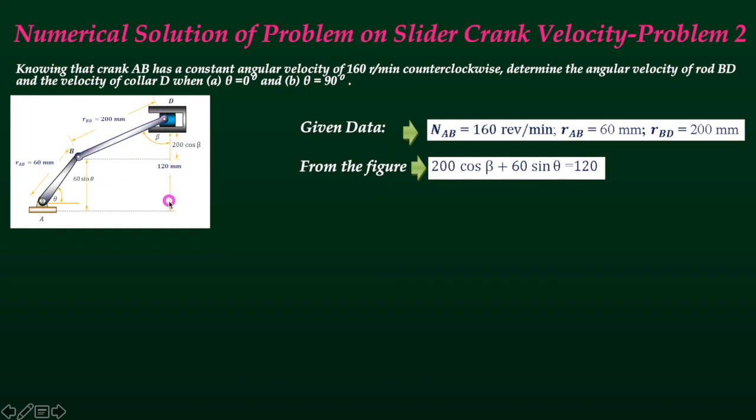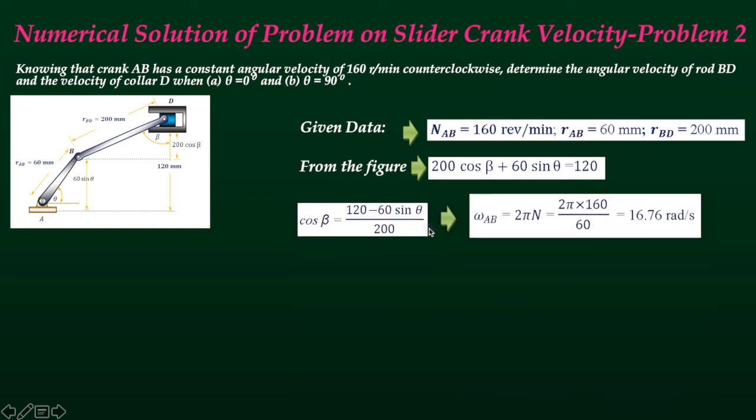So the total height is the summation of this plus this, which equals 120, that is also given here. Now from here this cos beta can be calculated, and hence the value of beta if theta is given.